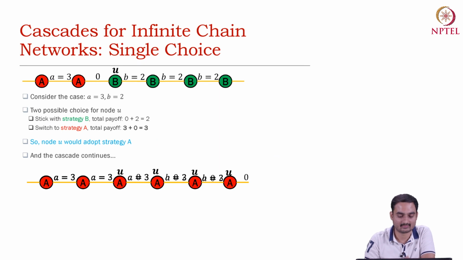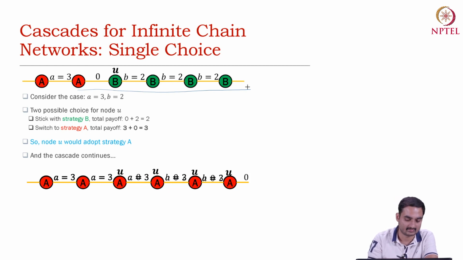Now let's look at a particular setting. Let's think of an infinite chain network, a chain network with an infinite number of nodes, and let's say small a, the payoff A, is 3 and the payoff B is 2, so A is greater than B, and let's assume that this is a single choice game.